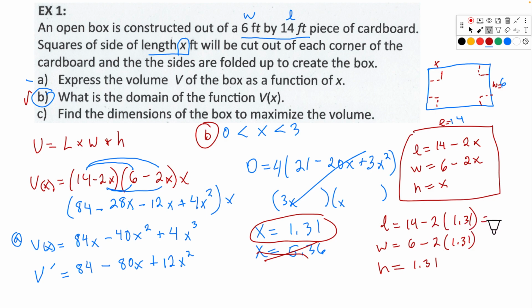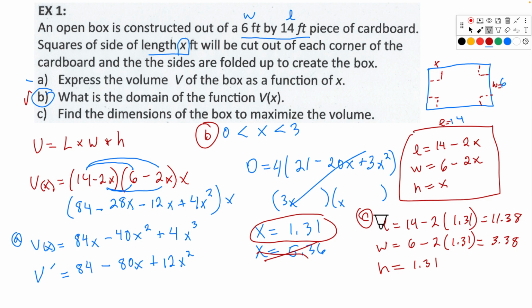So we carry this one out. 14 minus 2 times 1.31, I got that the length of the box is going to be 11.38. The width of the box is 6 minus 2 times 1.31. I come up with 3.38. And then this one's already done. So this is our answer to the C part.